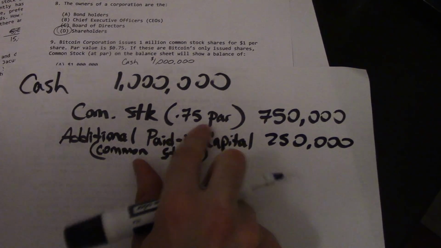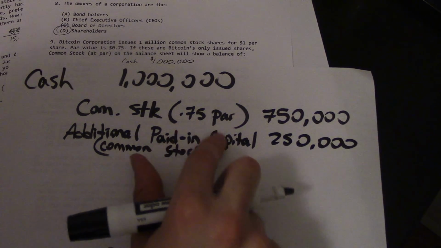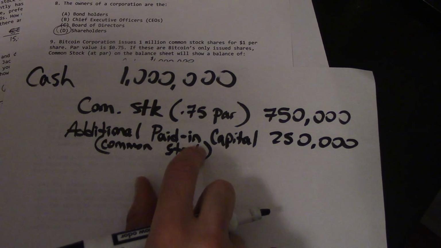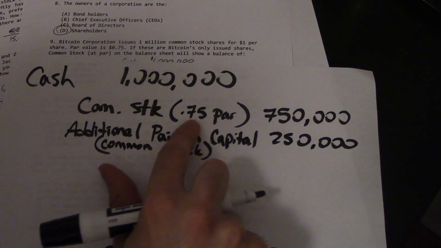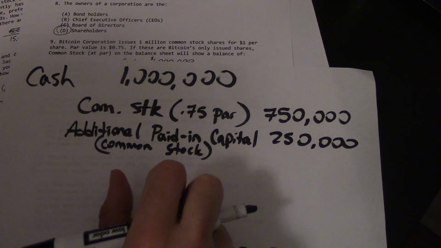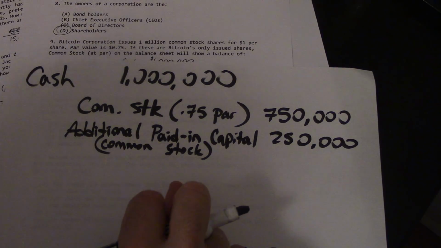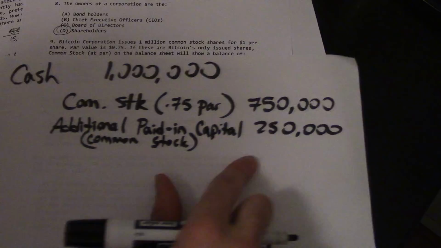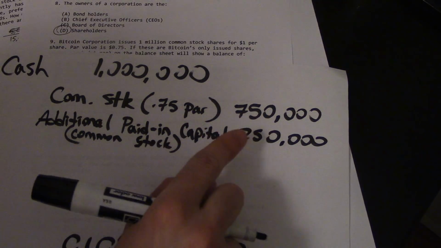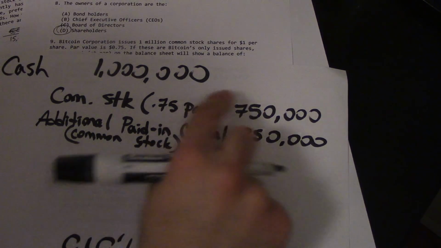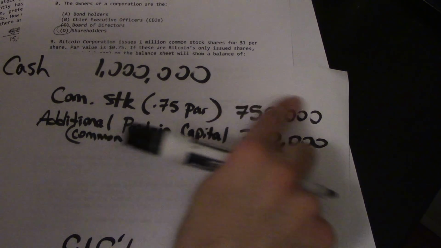The 75-cent par, or it could be $1 par, or it could be $5 par. It kind of depends. The par value does not have any real significance. It's just, from what I know, a legal thing that corporations have to do. This additional paid in capital and the common stock at par, those two summed together equals the total value of the common stock.